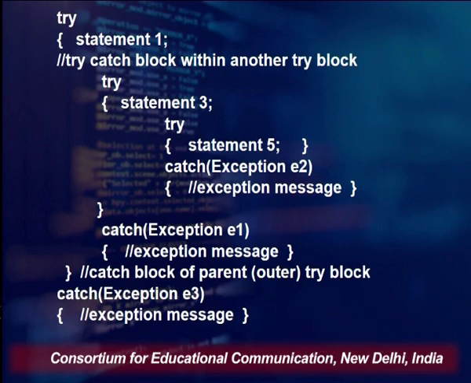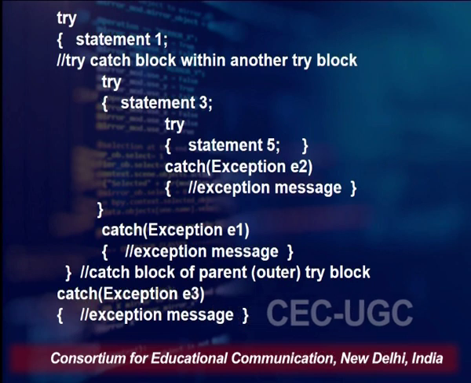So, this is going to be the general format when we want to use the nested try, which is one try within another try. For example, the internal try, with statement 5, may throw some other error. Then try statement 3 may throw some other error, which is to be caught by the exception E1.